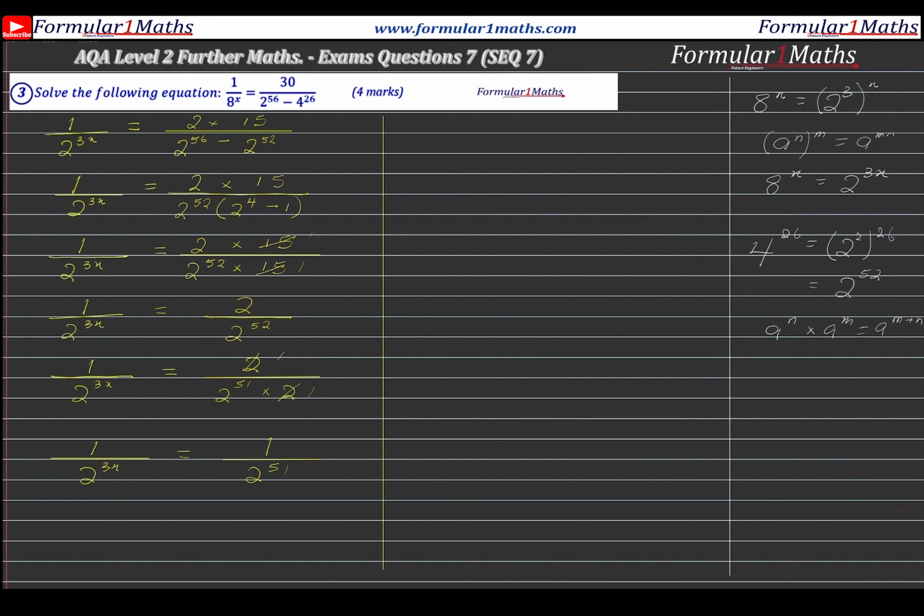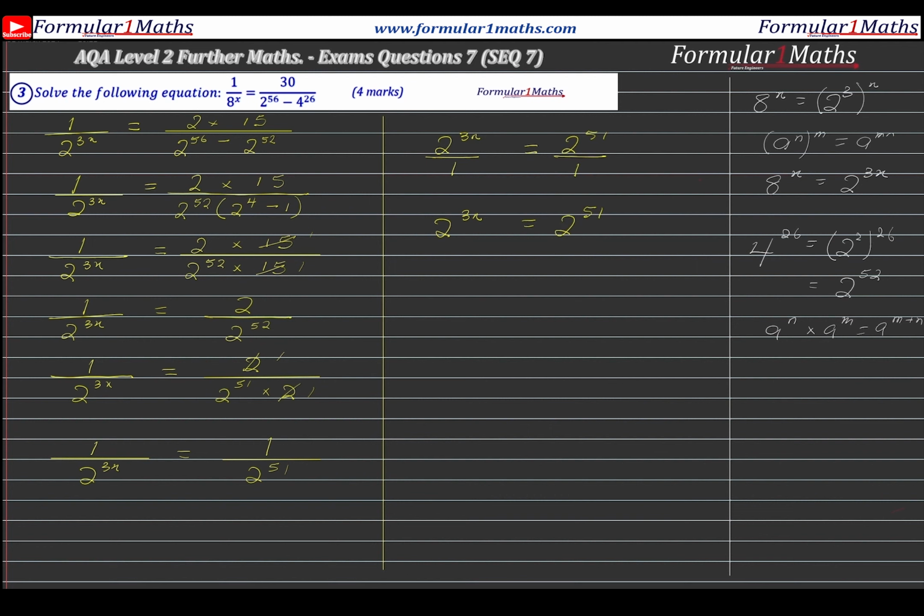Now I'm going to find the reciprocal of both sides of this equation here. If I do that, I'm going to get 2 to the power 3x over 1 is equal to 2 to the power 51 over 1, which simplifies to 2 to the power 3x equals 2 to the power 51.